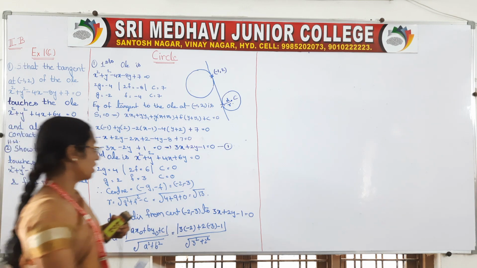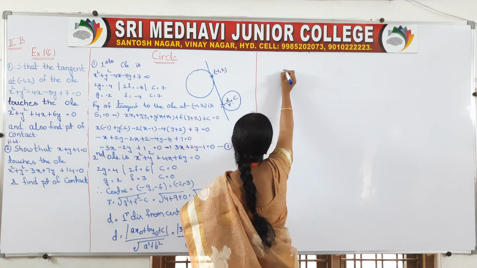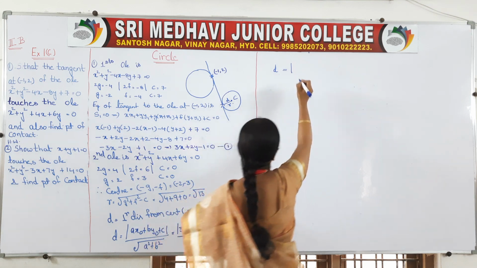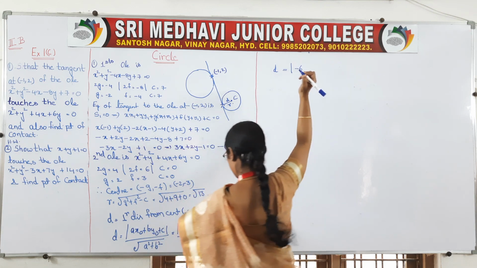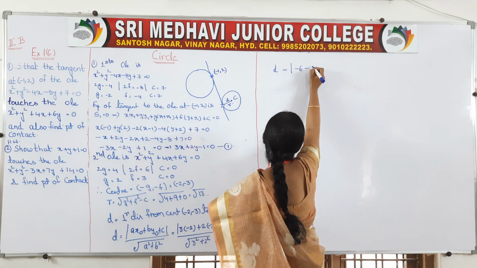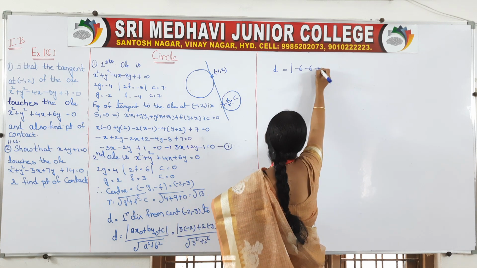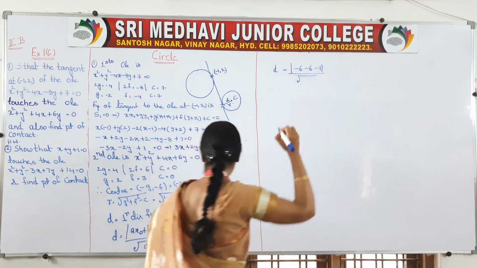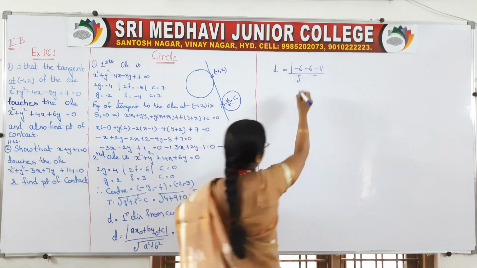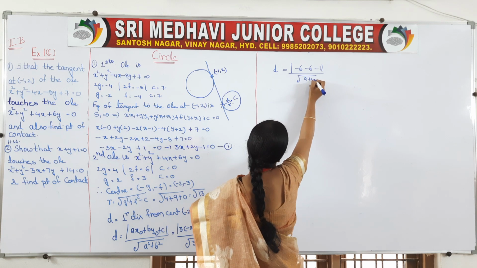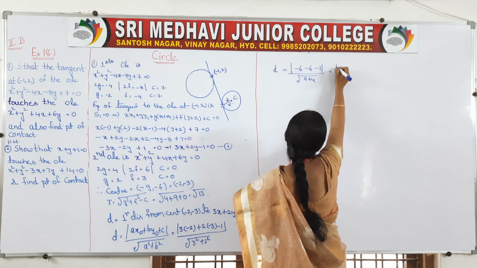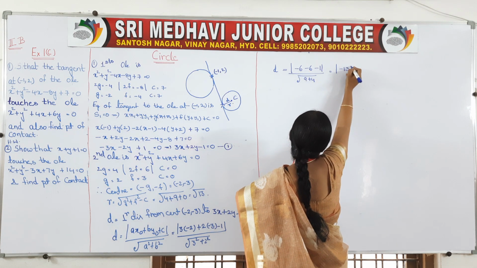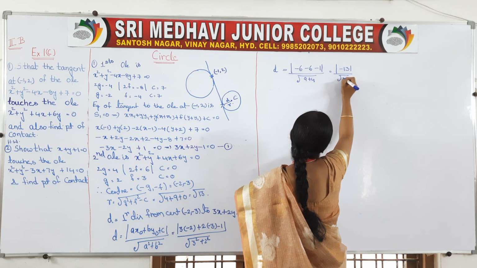So simplify, this is your d, right? Modulus of 3 into minus 2, it is minus 6, 2 into minus 3, minus 6, minus 1, divided by root of, come on, what is it? It is 9 plus 4. So it is equal to modulus of minus 12 minus 1, minus 13 by root 13.